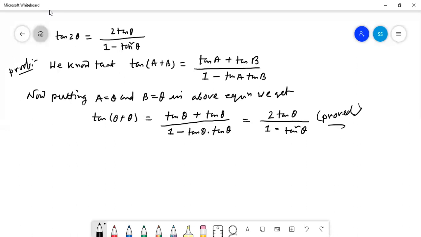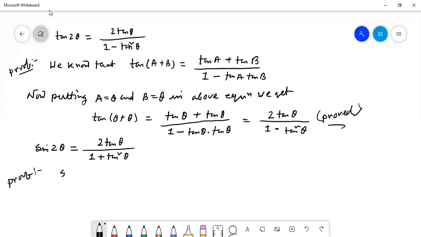Now another thing was given, that sine of 2 theta in terms of tan theta. Sine of 2 theta was 2 tan theta by 1 plus tan square theta. It was given. Now the proof. How to prove this?